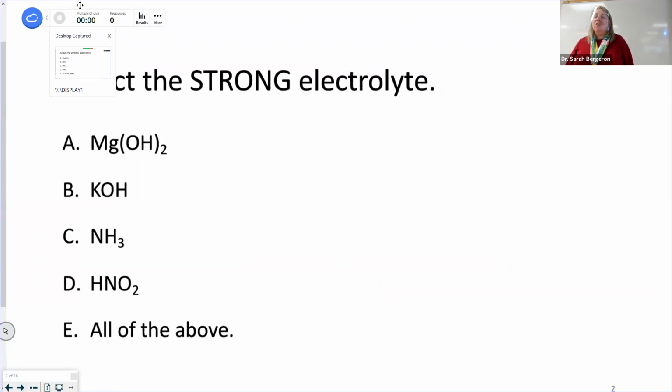Select the strong electrolyte. Remember what a strong electrolyte is. It's not too bad to figure it out.